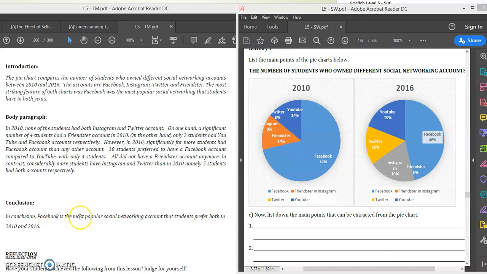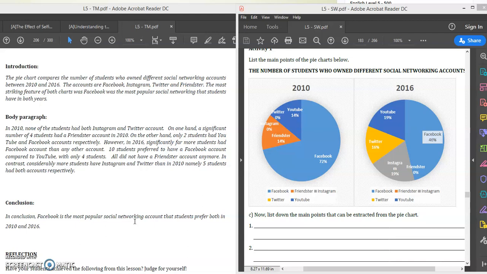So the idea is like what was mentioned in the overview of the introduction, but it is rephrased in the conclusion. So that's one way of writing a good conclusion.